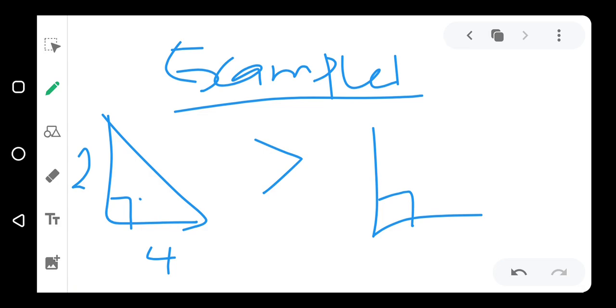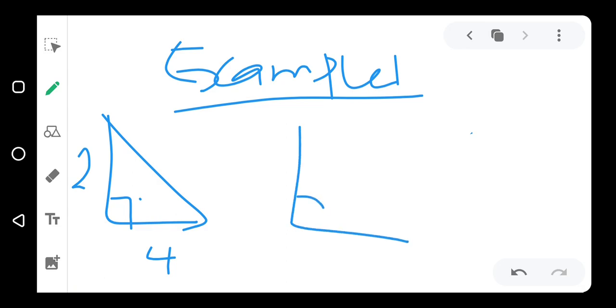There's a difference between this and this. If we represent the angle like this, and it is not sharp, then it is not 90 degrees.